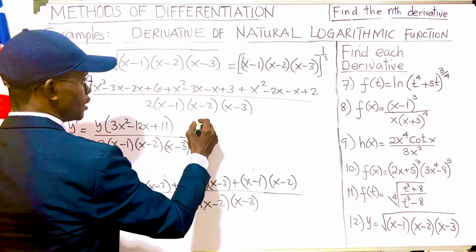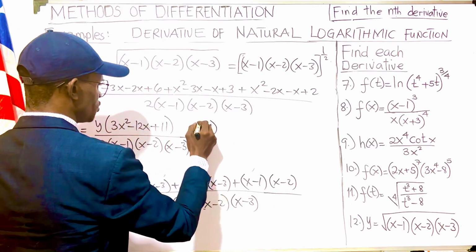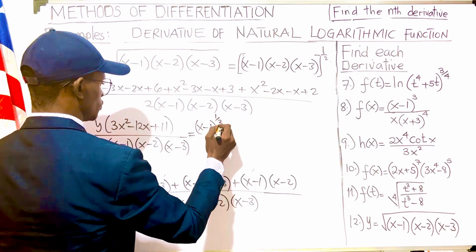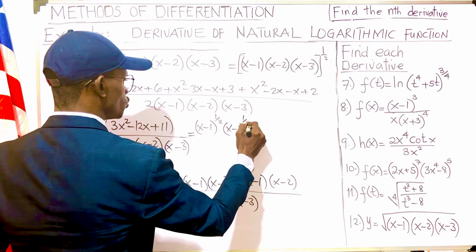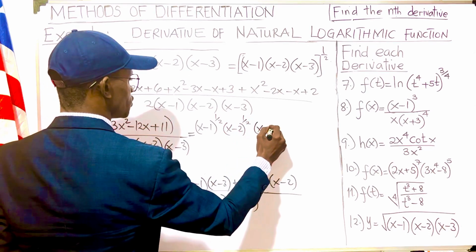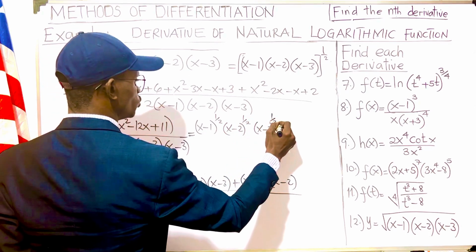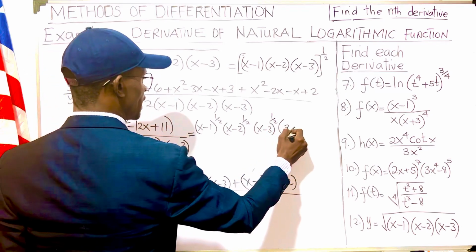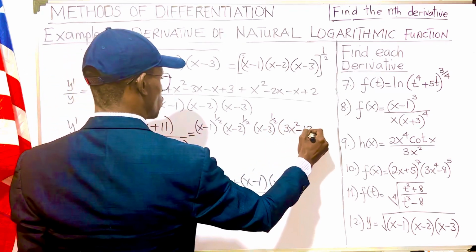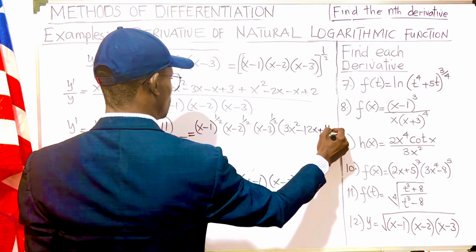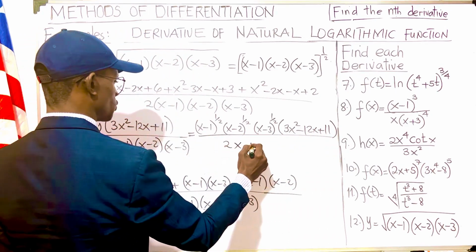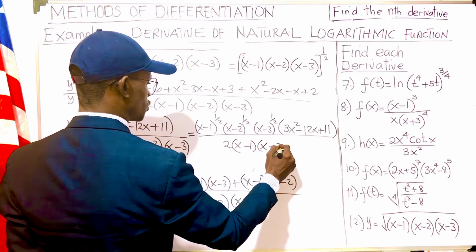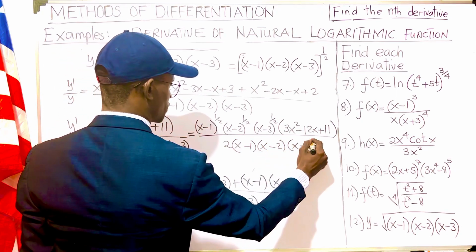So it's like saying x minus 1 raised to the power 1 over 2, x minus 2 raised to the power 1 over 2, and x minus 3 raised to the power 1 over 2 times 3x squared minus 12x plus 11 divided by 2x minus 1, x minus 2, and x minus 3.